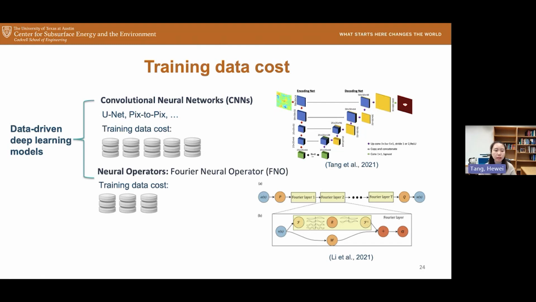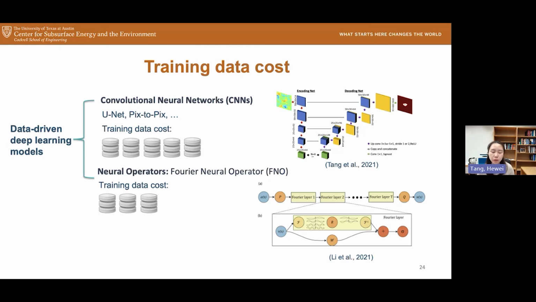Then recently another set of deep learning models has been proposed, called neural operators. The key idea behind neural operators is to learn the infinite-dimensional function space by learning the operators inside the PDEs.